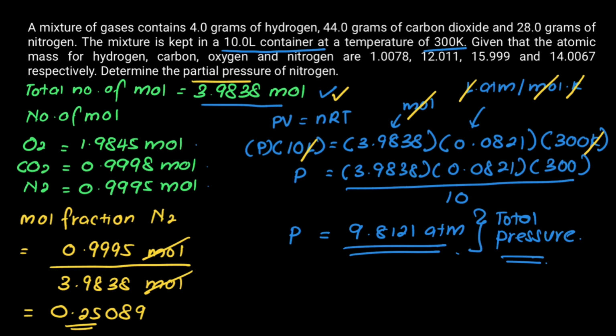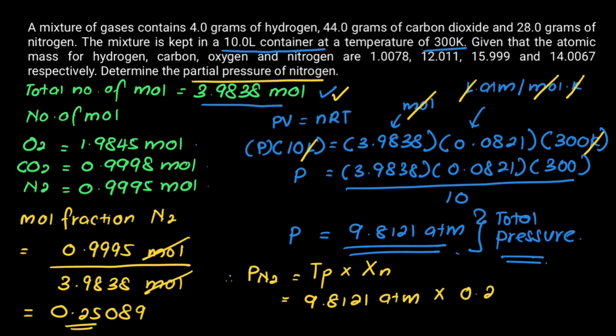But in the question, you were asked to calculate the partial pressure. Therefore, the partial pressure for nitrogen is equivalent to total pressure times mole fraction. The total pressure is 9.8121 atm, times the mole fraction, which is 0.25089.